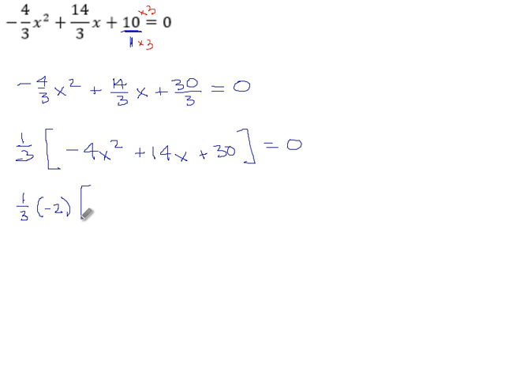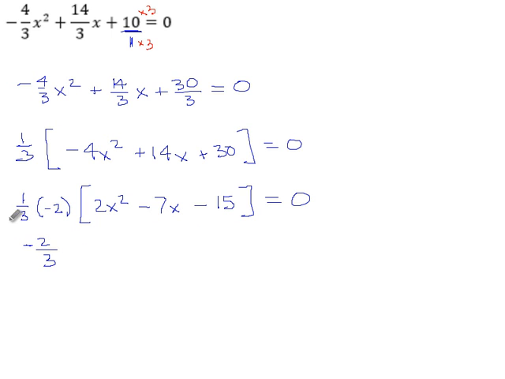If we take out a -2 from what's in here, we get negative 4x squared divided by -2, we get 14x divided by -2, and 30 divided by -2. Okay, that's getting better all the time. 1/3 times -2, I'll just condense that into minus 2/3.